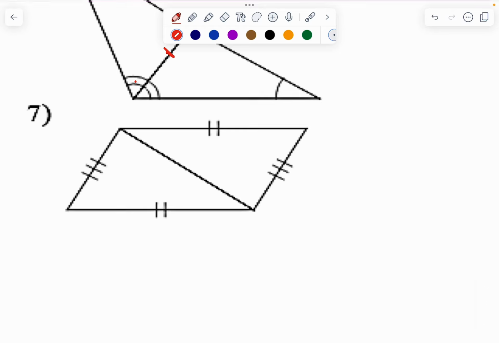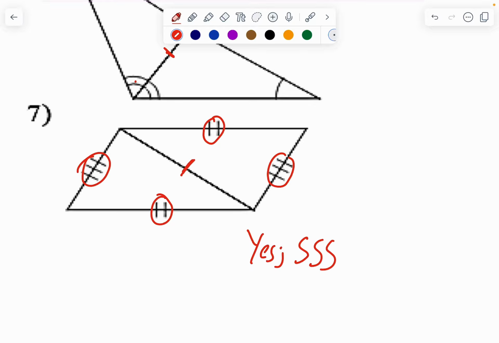Number 7. This side is marked as congruent. This side is marked as congruent. And we got this side right over there that's being shared between the two triangles. So those two triangles are congruent because of side, side, side.